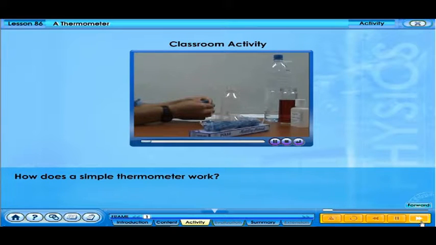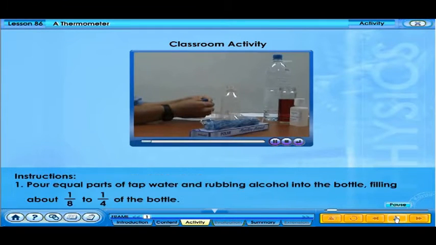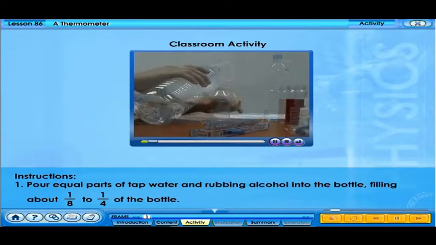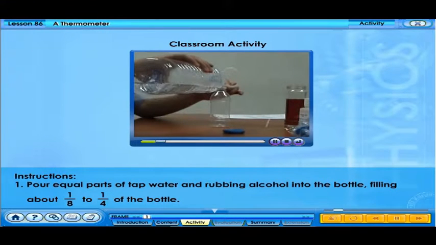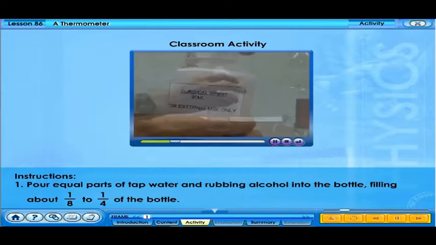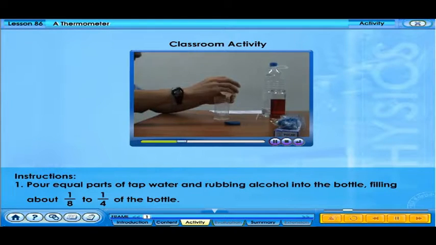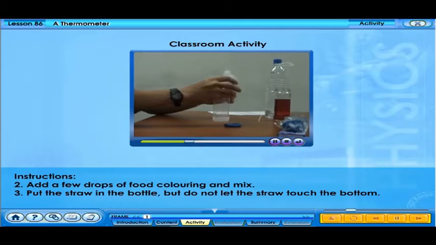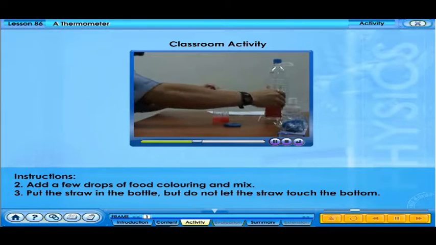How does a simple thermometer work? Pour equal parts of tap water and rubbing alcohol into the bottle, filling about 1/8 to 1/4 of the bottle. Add a couple of drops of food coloring and mix.